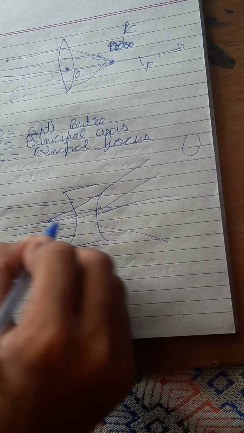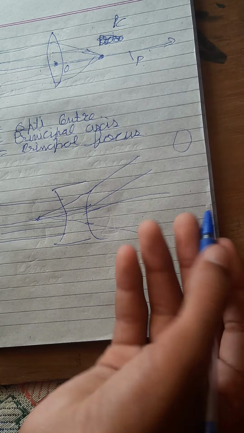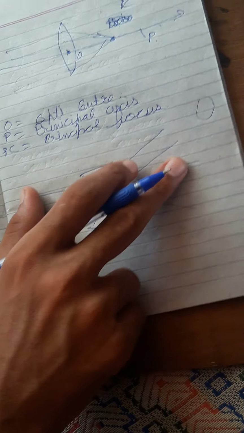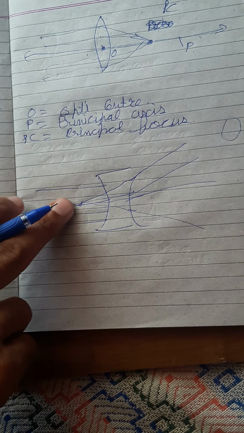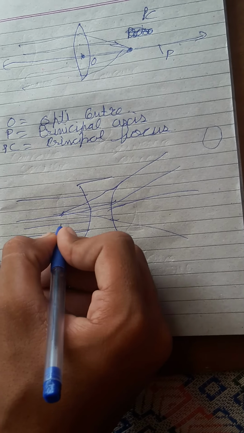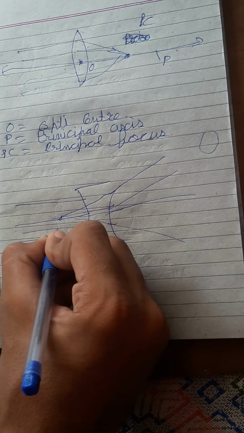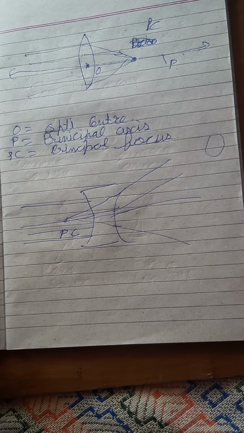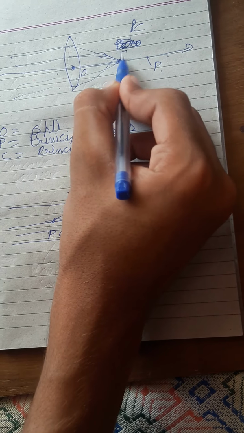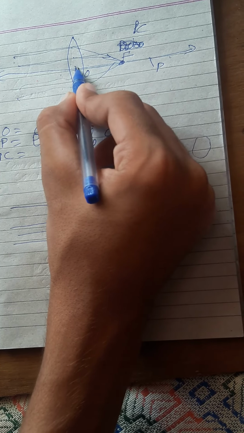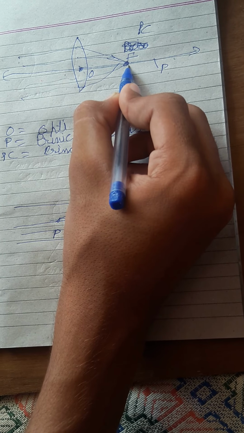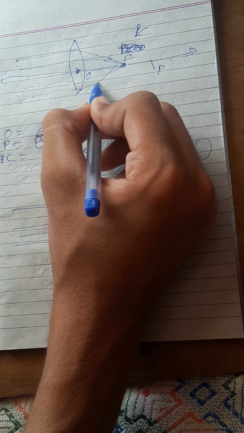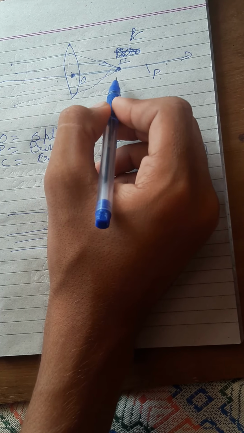He does not think that the light is bending. He thinks that the light is coming straight, from that direction. So where it appears to be coming from is also called the principal focus, which is PF. And the length between this focus and the optic center is called the focal length.